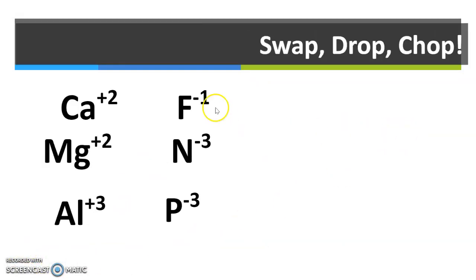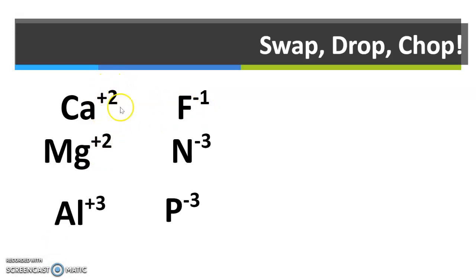Here are our examples. So this is the extent of what you have to do today. I'm just going to give you elements, and you are going to have to determine the charge of them and then determine what their ionic compound would be, the formula of the ionic compound, okay? So first thing we have to do is swap, right? We have to swap our superscripts for our subscripts.